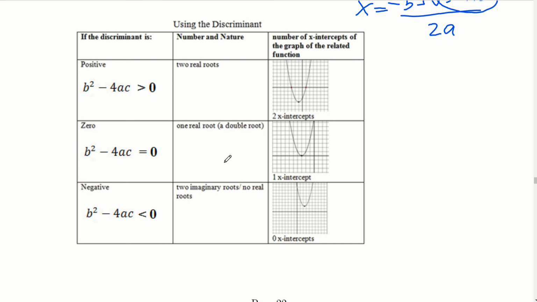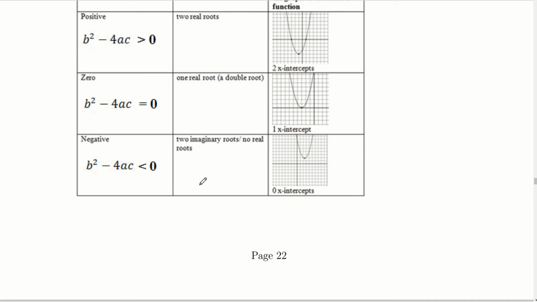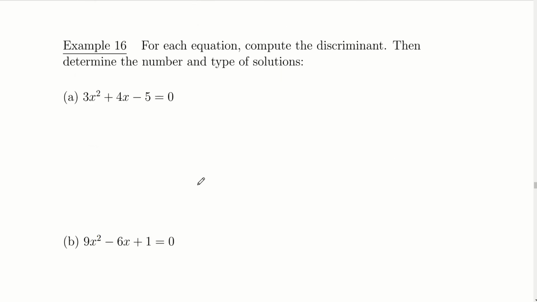So if you're not concerned with the values of the roots, only with their qualitative types, you can use the discriminant. In question 16, they simply ask us to determine the type of each solution. Here it's in standard form, so a is 3, b is 4, and c is negative 5.